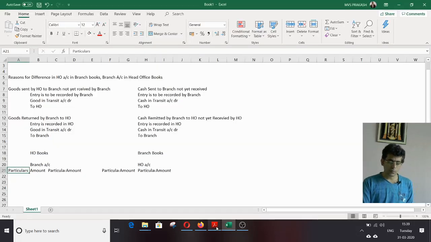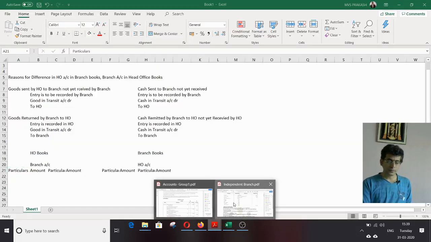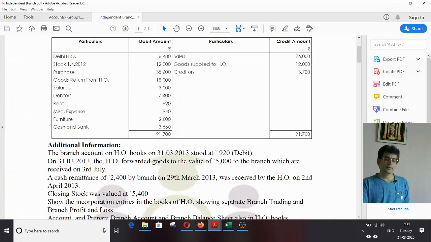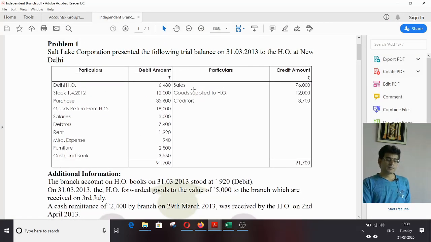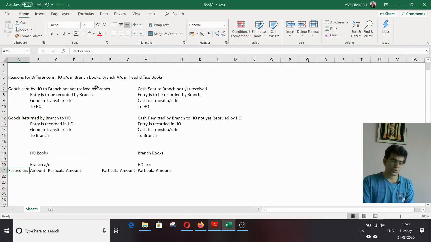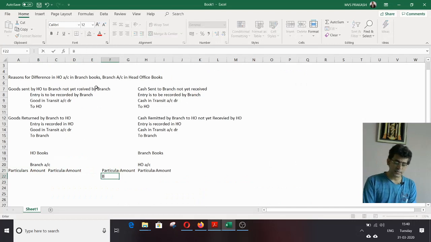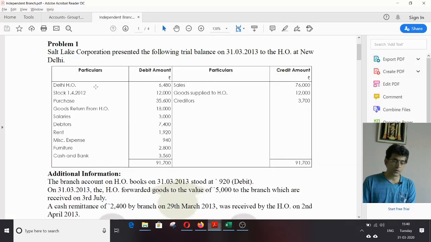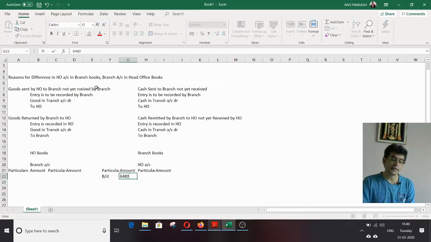So what does the problem say? The problem is telling, whose balance is this? Salt Lake Corporation presented the following trial balance to the head office. So ultimately, this is nothing but the balance in the books of the branch. In the branch account, the head office balance is to balance brought down, mentioned as 6,480.